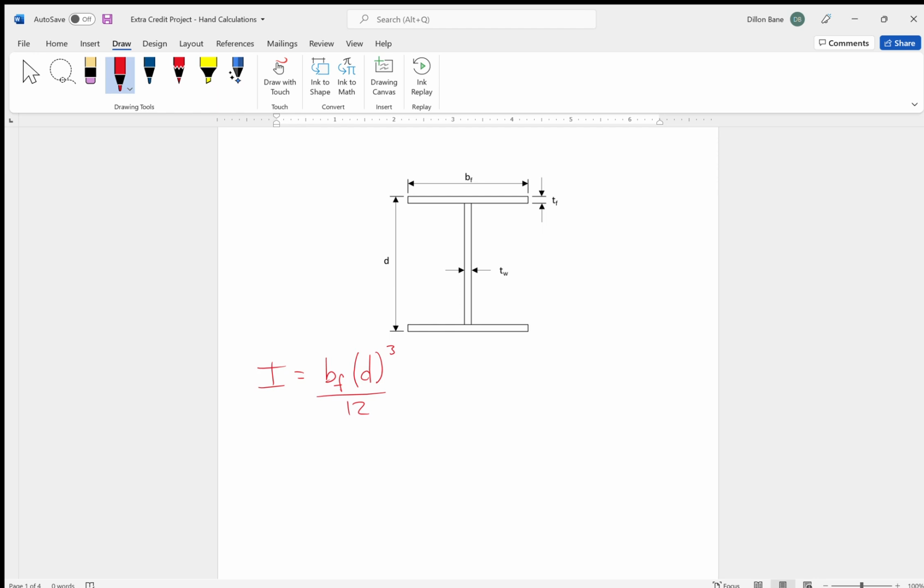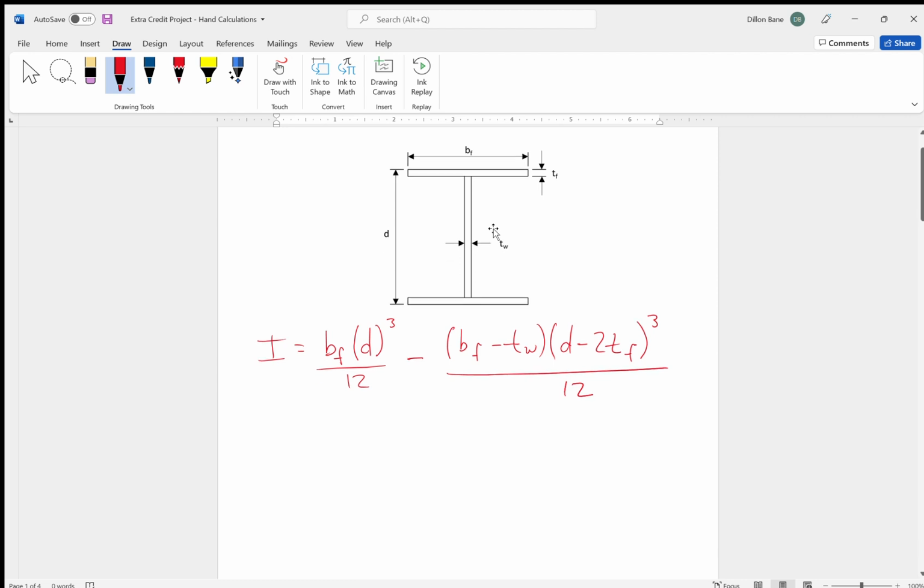Now we're going to take out the negative space: minus the width of the negative space, which is b_f minus t_w, times the height of the negative space, which is d minus 2 times the thickness of the flange, cubed, over 12. So that's our equation for moment of inertia. We'll plug that equation into the Excel spreadsheet in a minute.